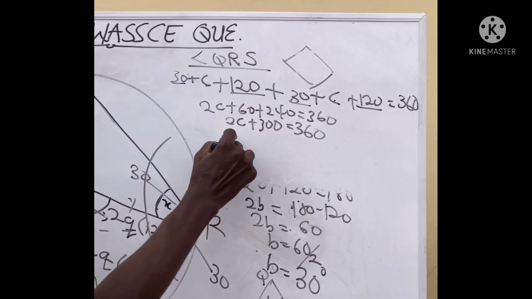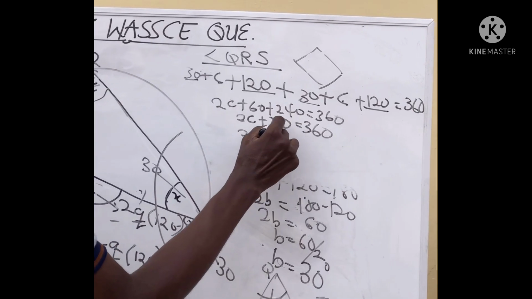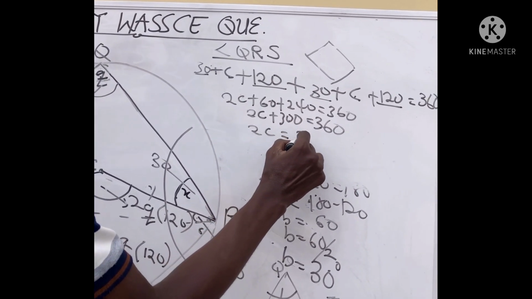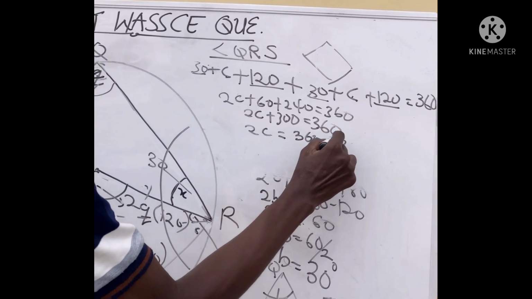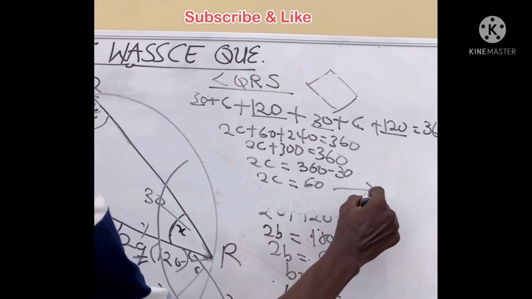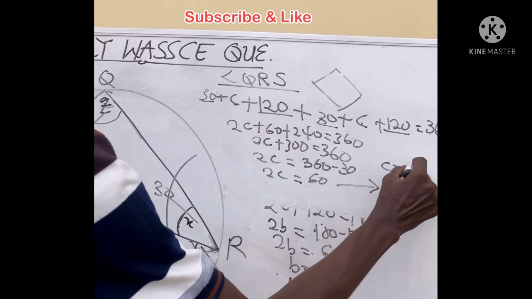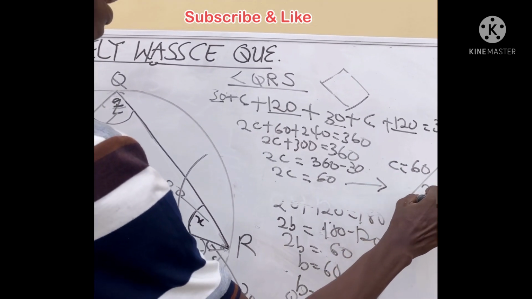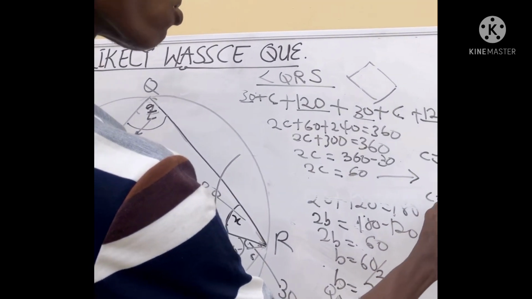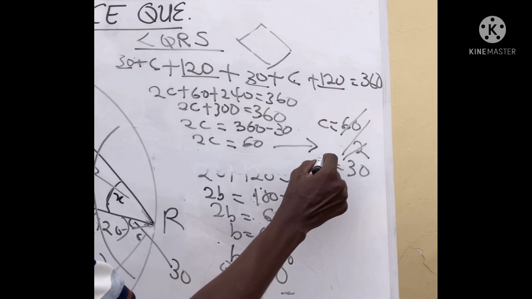So 2C is equal to 360 minus 300, which would give us 60. So 2C is equal to 60. Therefore, C is equal to 60 divided by 2. C is equal to 30.